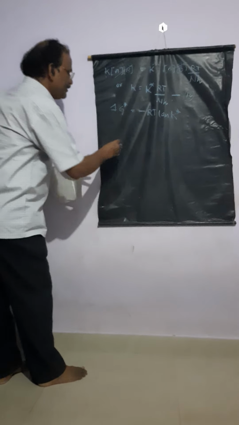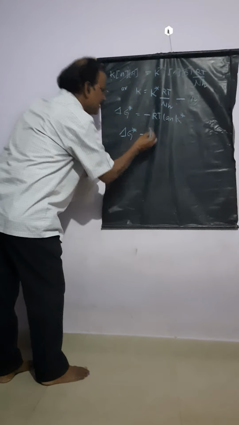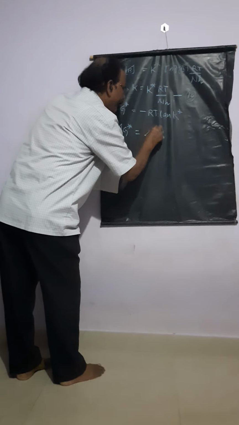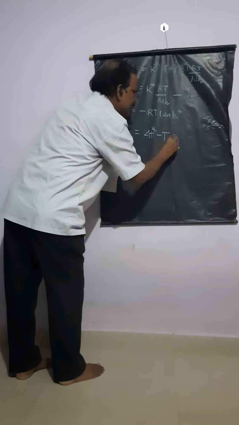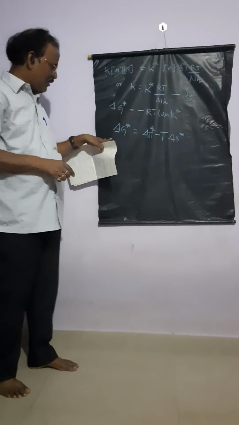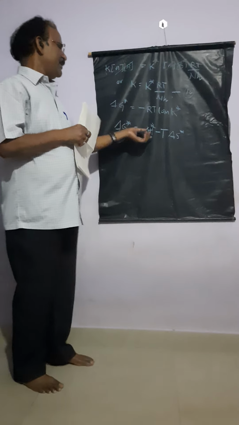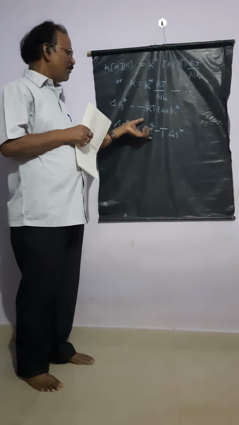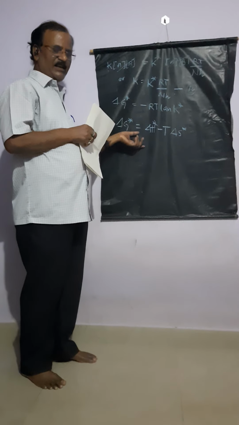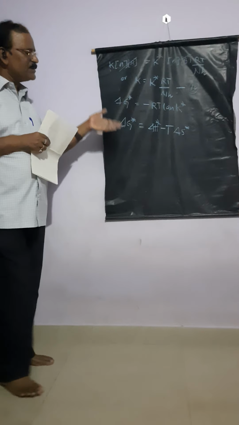And delta G star is again given by thermodynamics as delta H star minus T into delta S star, where delta H star is the change in enthalpy of the reactants and activated complex, and delta S star is the change in entropy of the activated complex and the reactants.